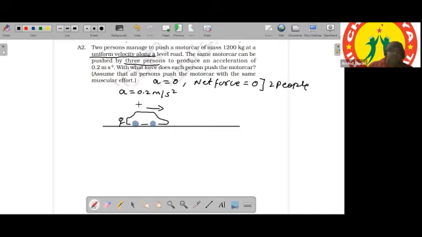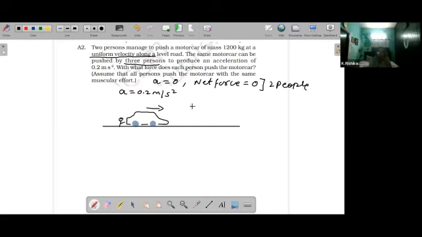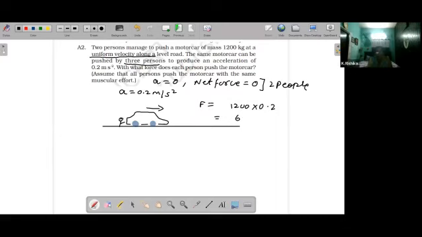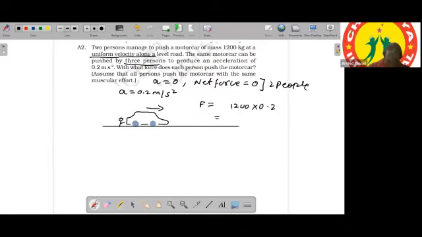So the force applied by this third person, a single person, is equal to mass times acceleration. That's 1200 multiplied by 0.2, and you get 240 Newton. Okay, so the force applied by each person is 240 Newton.